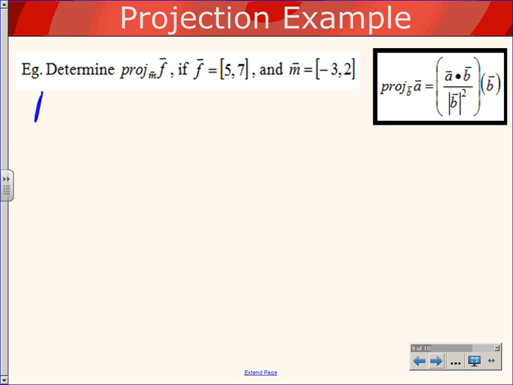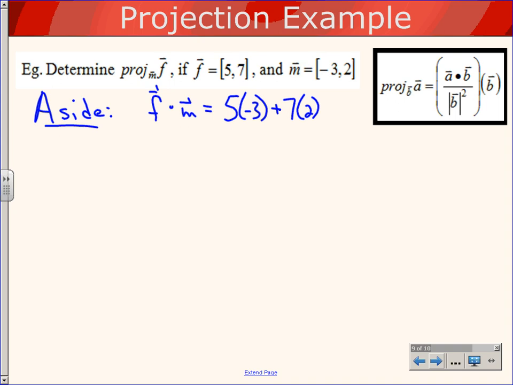So, aside, things that we need to find, well, we need to find A dot B, or in this case, F dot M. And given Cartesian form, to do that, we just multiply the components together and add them up. That's just -1. So our dot product is -1.